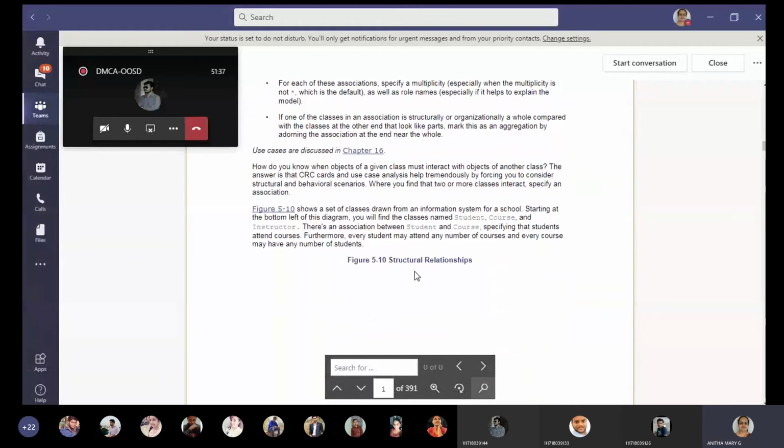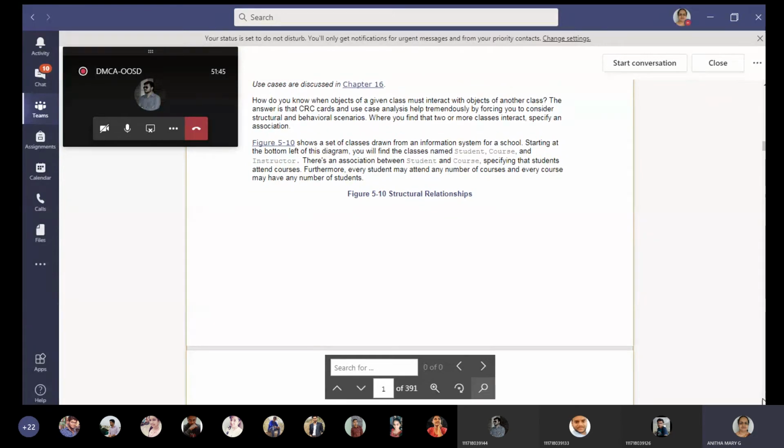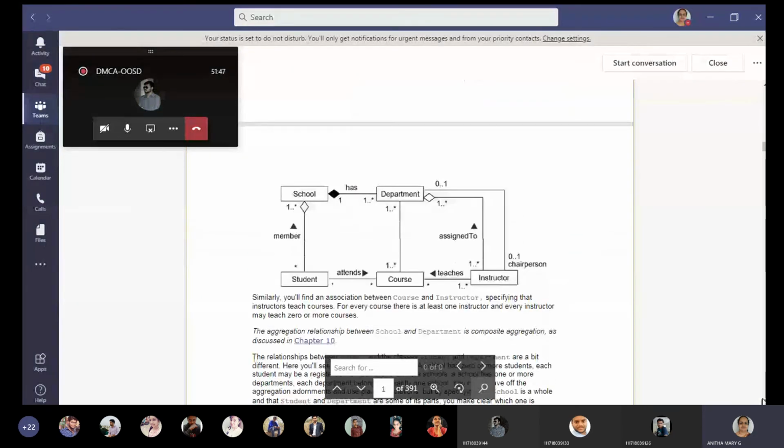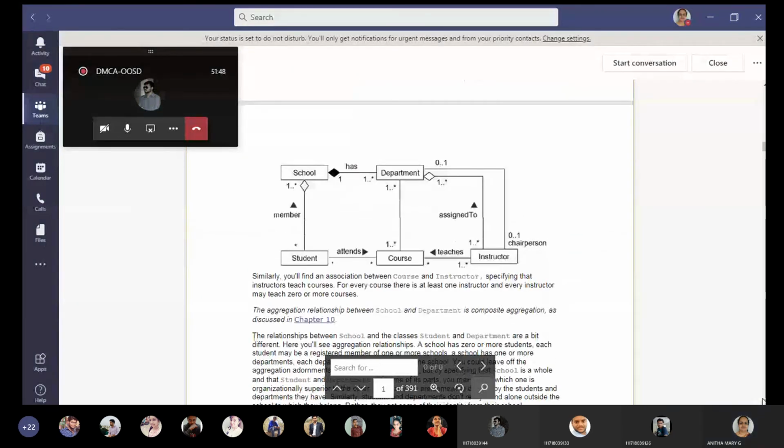The example they have given us here is an information system for a school. You can identify the different entities in the information system for a school. First, the school as a whole at the top level, then the departments.